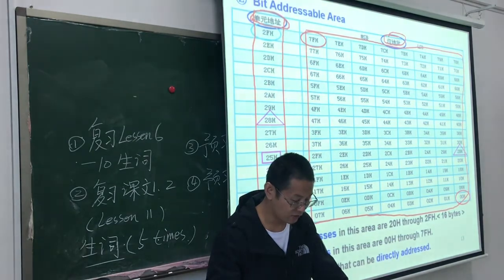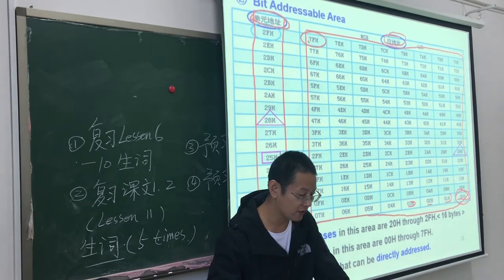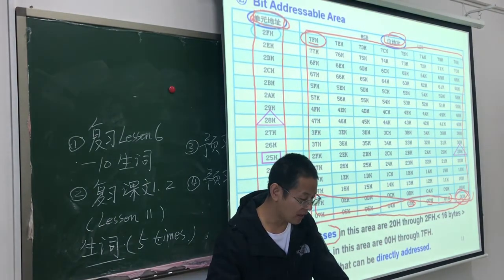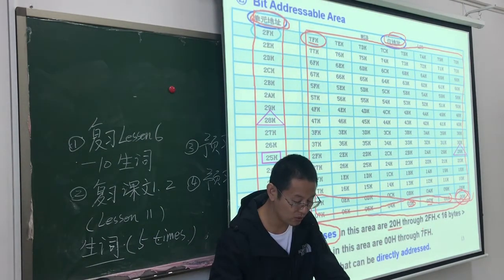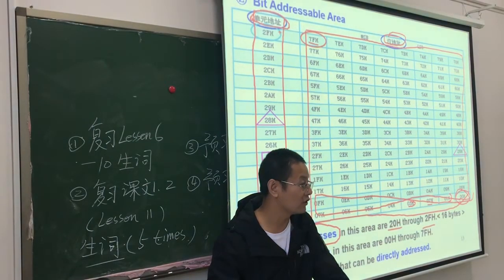Bit addresses go from 00H, 01, 02, 03 until 7FH. Byte addresses are 20H, 21, 22 until 2FH.